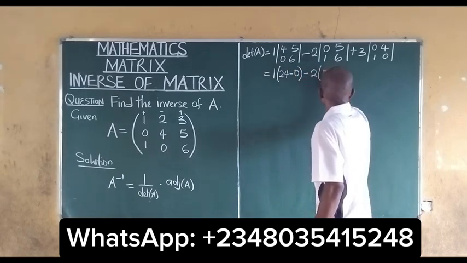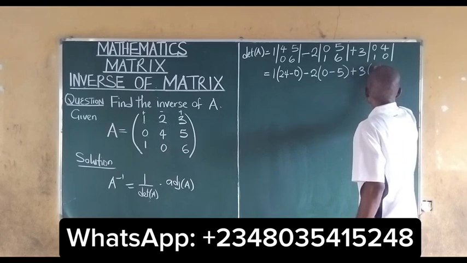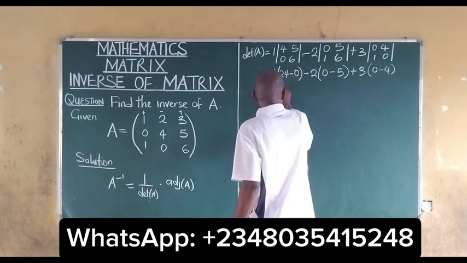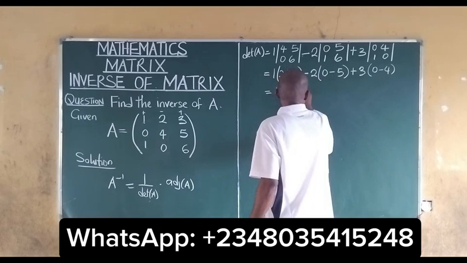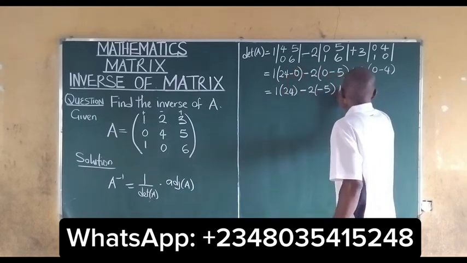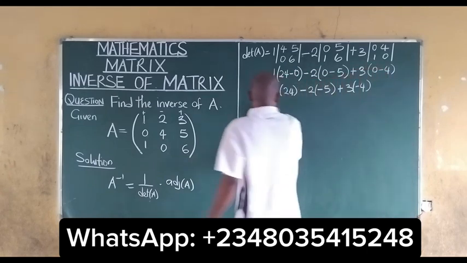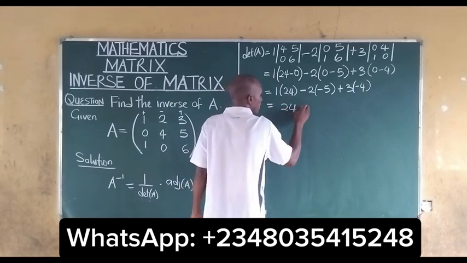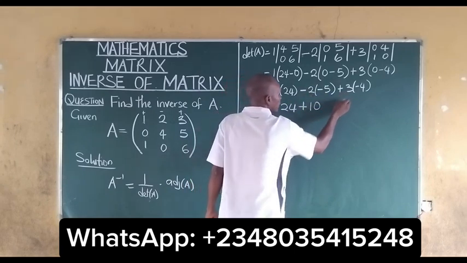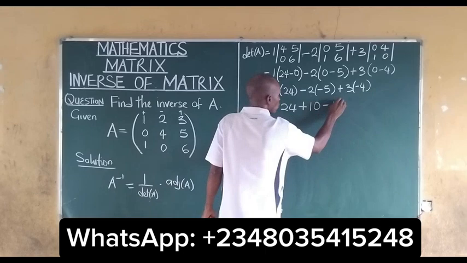Minus 2 into 0 minus 5, plus 3 into 0 minus 4, which is equal to 1 into 24 minus 2 into minus 5 plus 3 into minus 4. So we have 24, because of this negative sign, 2 times 5 is 10, and 3 times minus 4 is minus 12.